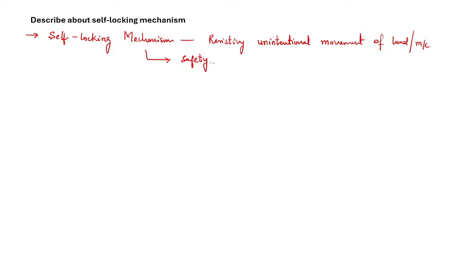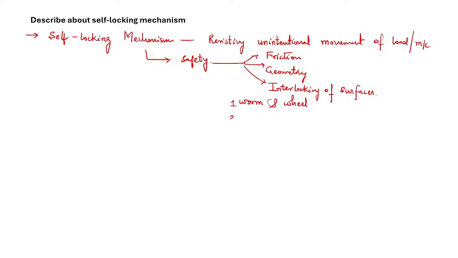While ensuring safety, it could make use of friction or some geometry, or it could be interlocking of surfaces. These things happen generally in worm and wheel mechanism, screw jack, and any mechanism which is involved in heavy lifting or high power transmission applications.